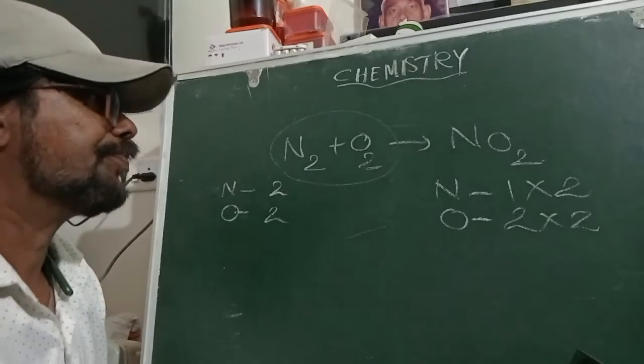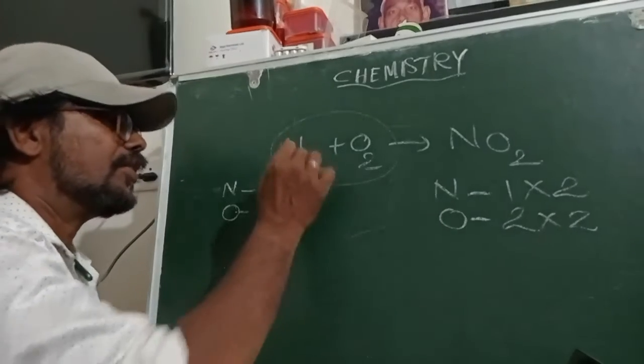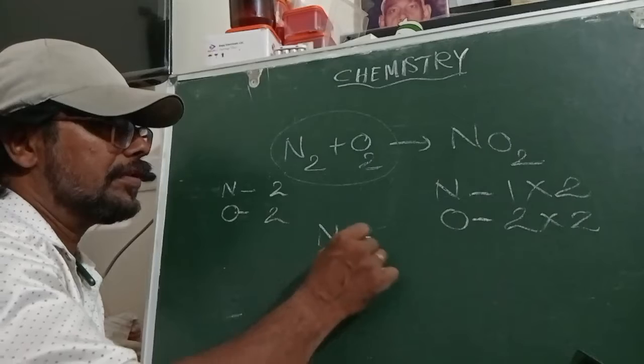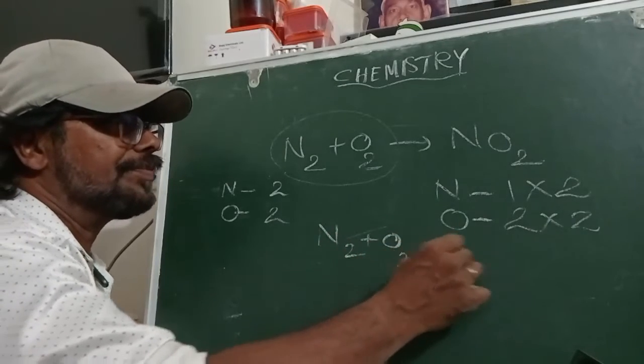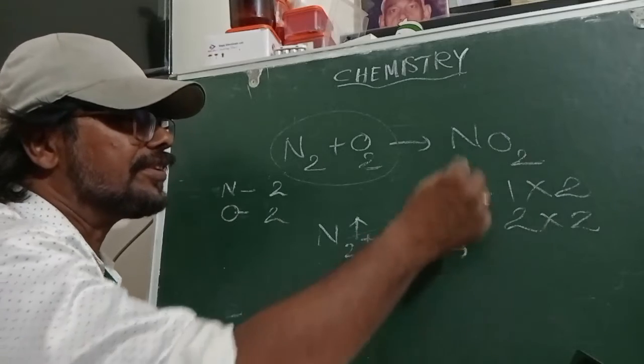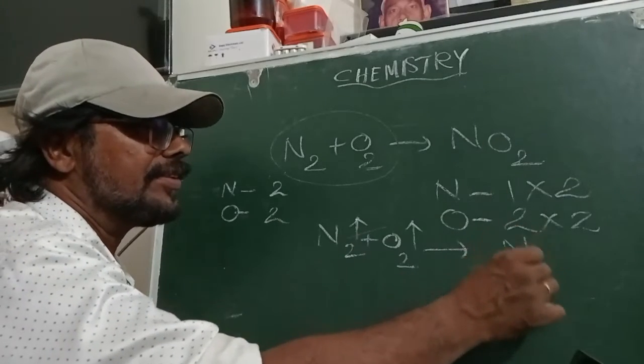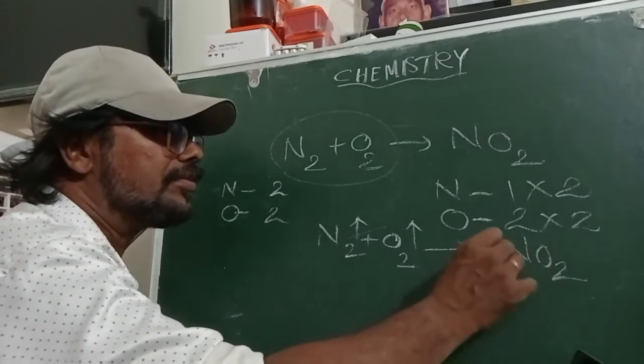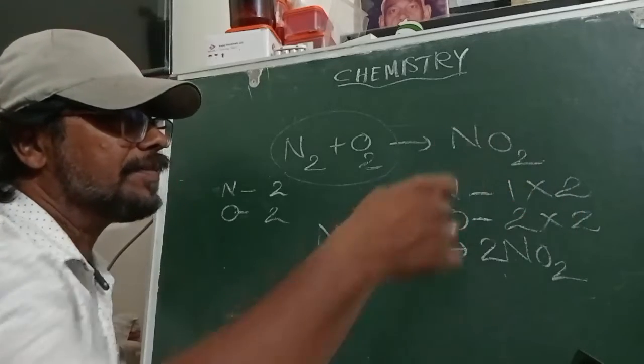Now step 2, what do we get? Nitrogen plus oxygen, this is also a gas, gives nitrogen dioxide, 2, and we are multiplying with 2.